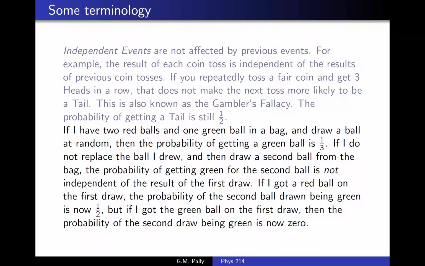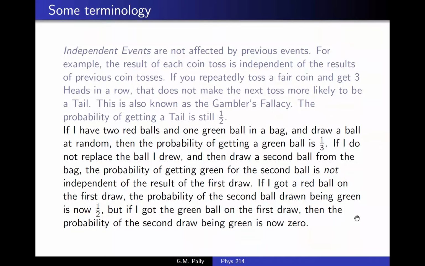As a counterexample, if I have 2 red balls and 1 green ball in a bag, and I draw a ball at random, then the probability of getting a green ball is 1/3. If I do not replace the ball, whichever ball it was, red or green, and then I draw a second ball, then the probability of getting green for the second ball is not independent of the first result.